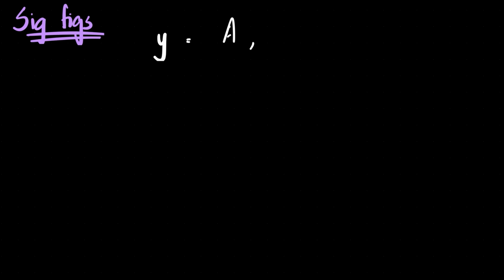Now let's talk about the idea of significant figures and how we work with significant figures in AS. So basically, let's say you have a formula, and in that formula you are finding out something. So y equals some formula that involves 3 variables, a, b, and c, and there's some function which uses that.